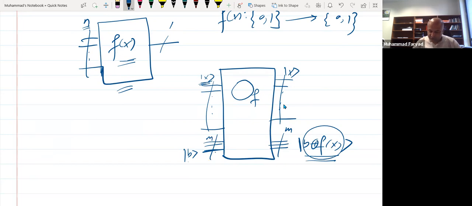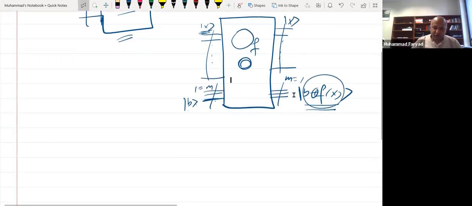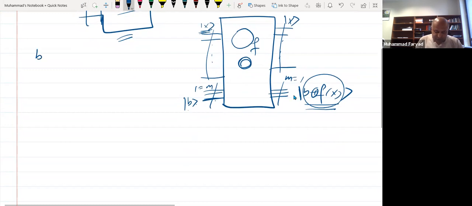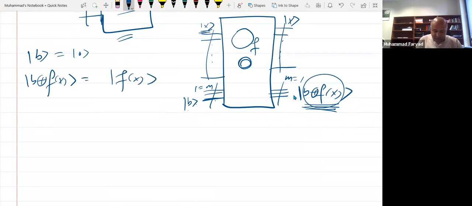Usually in most of our oracles, this m is equal to 1. So there's a one-bit input, which is XORed with this function f of x, which is being implemented inside this oracle. And since we can set b in any way we want, if let's say b is 0, then this output is just f of x, because if b is 0, if f is 1, 1 plus 0 is 1.